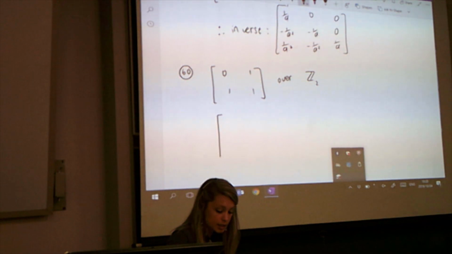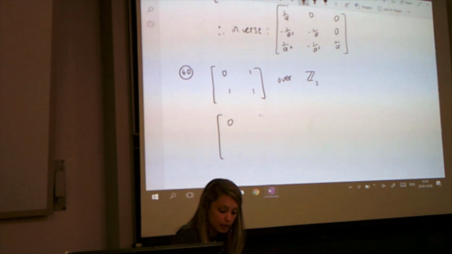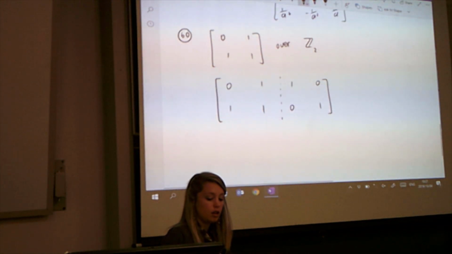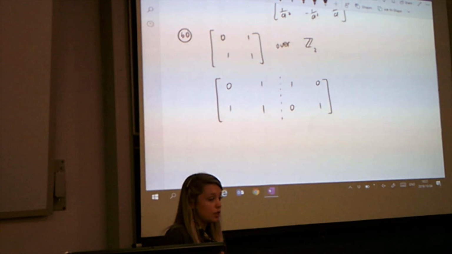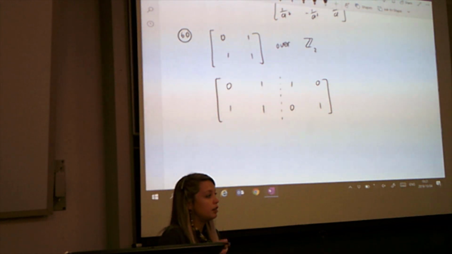So I'm going to do the same thing as I did before by just writing it into an augmented matrix where I have the identity matrix on the right. So the first thing I'm going to do is swap my two rows because I want a leading one in the top left.